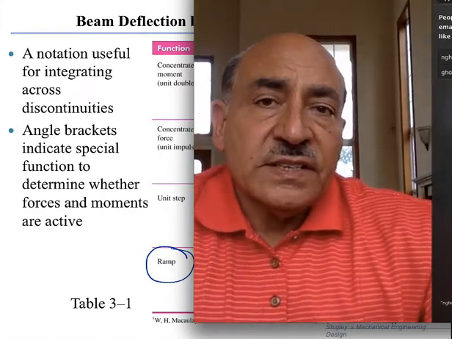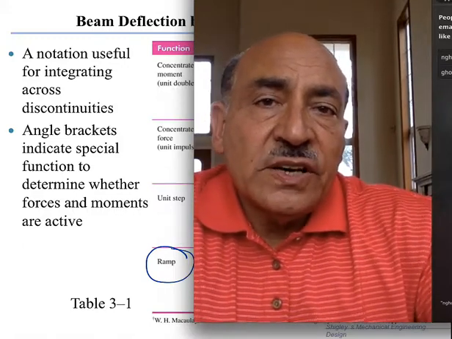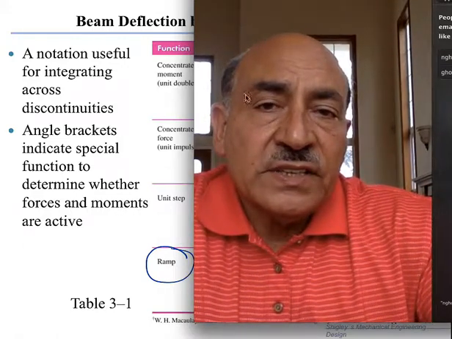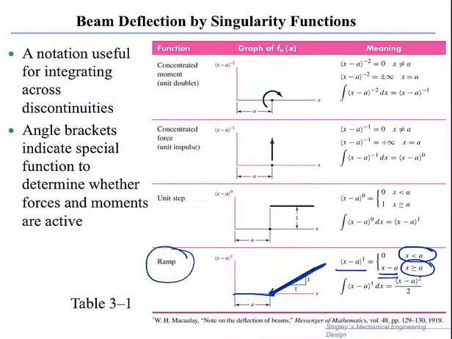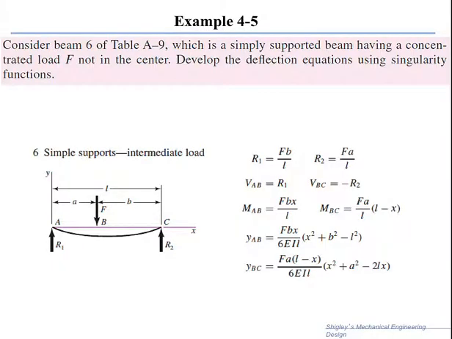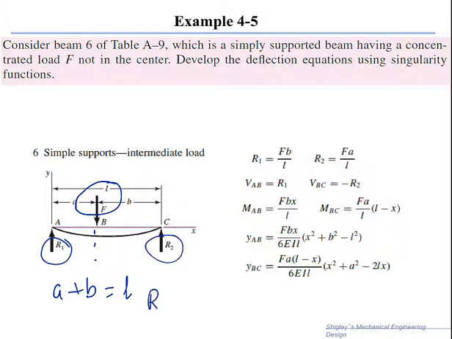So let's continue and take an example to illustrate this singularity function method. The example is very simple: I have a beam, and the beam has an applied force F, applied at position A from the left and B from the right, such that A plus B is equal to L. Then if I do statics, I have two reactions, R1 and R2, and I know that R1 plus R2 is equal to the applied force.